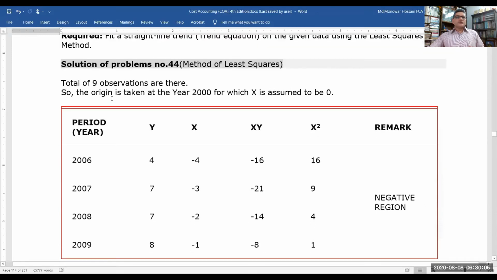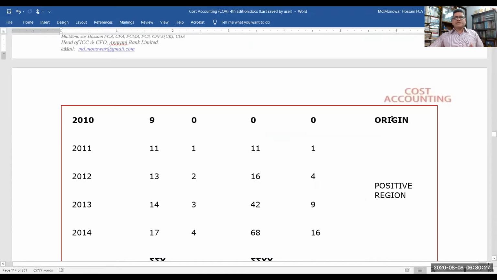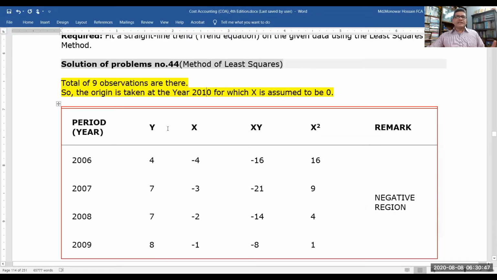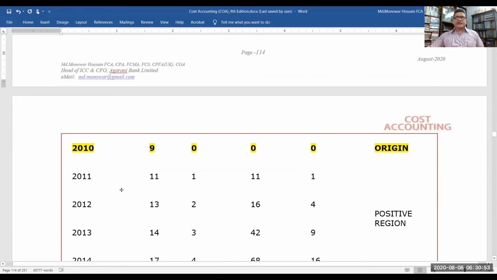Look here, there are a total of 9 observations. The base period, that means the origin, is the year 2010, for which x is assumed to be 0.